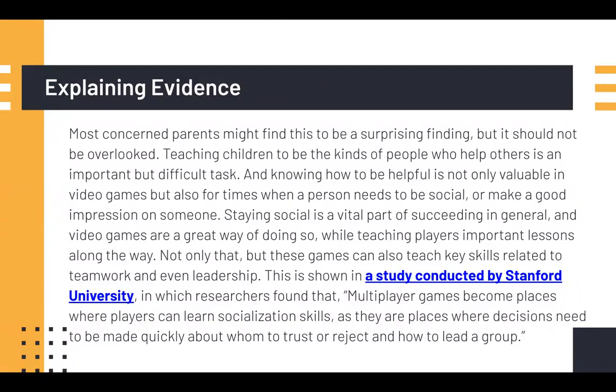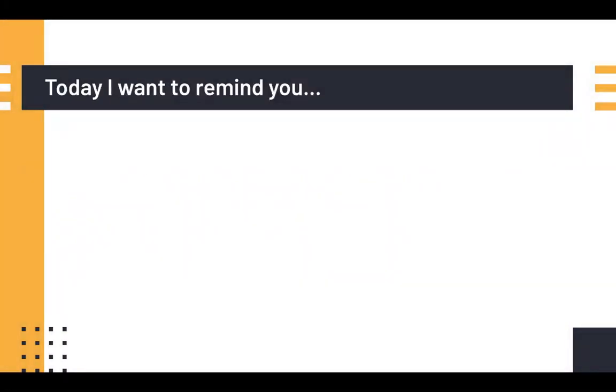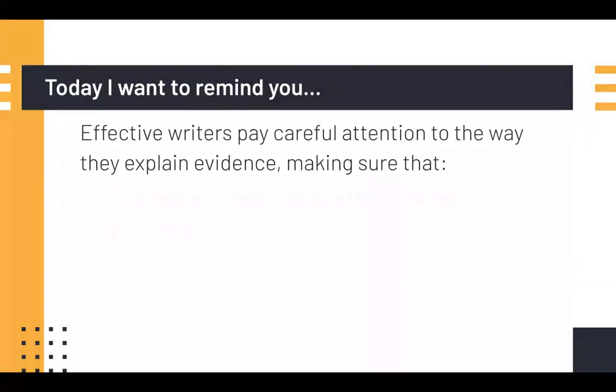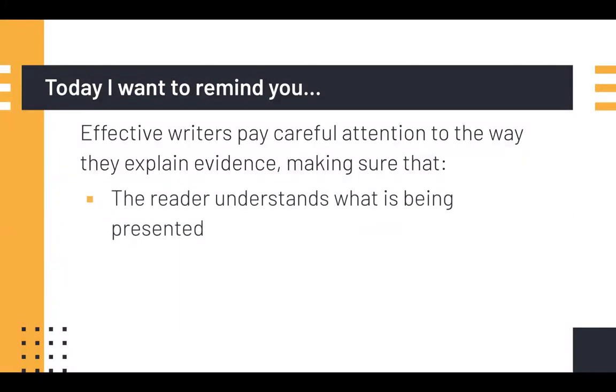Oh, good. Now they're introducing the source as well as the quote. And that's where I'm going to stop this example for now. It'll be available for you to look at more closely if you'd like. The key thing to remember, those three most important points, when you bring in the evidence: does your reader understand it? Do they understand what's being presented? Do you need to translate it? Or more importantly, do you need to explain specific terminology or phrases?